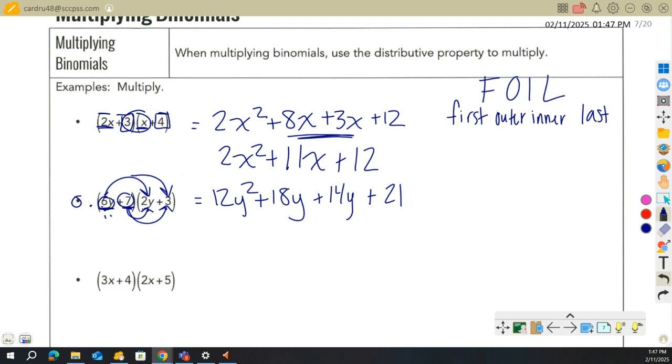So again, here I need to see if I have any like terms. So I have 12y squared, 18y plus 14y, that's going to be 32y, and then plus 21.